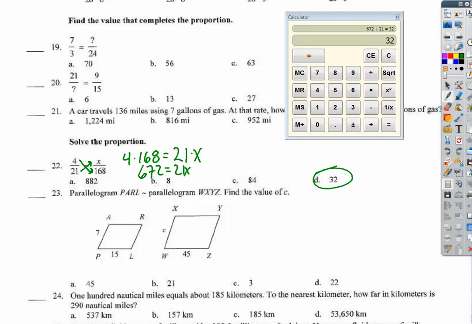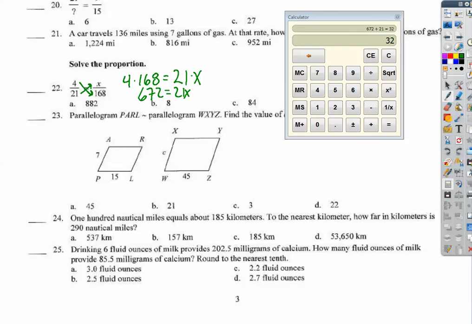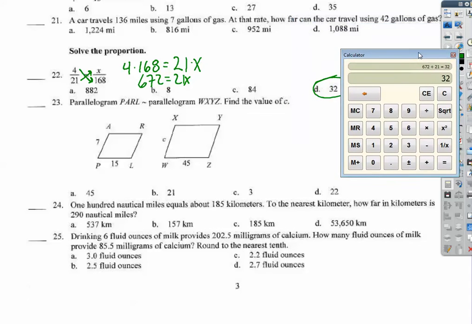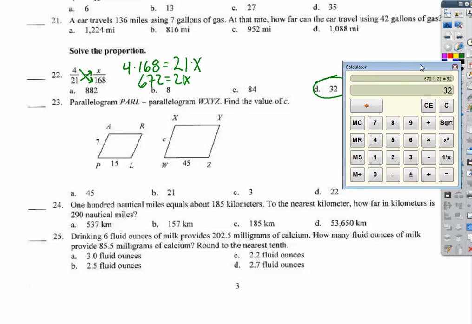Parallelogram PARL, P-A-R-L, is similar to parallelogram WXYZ.